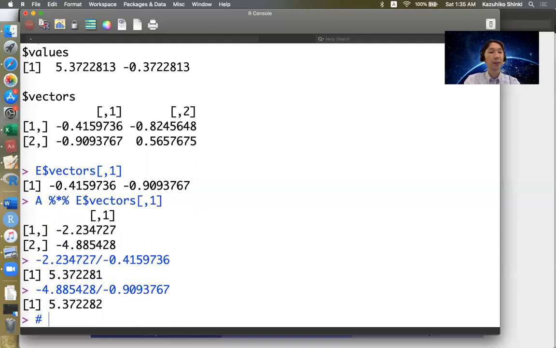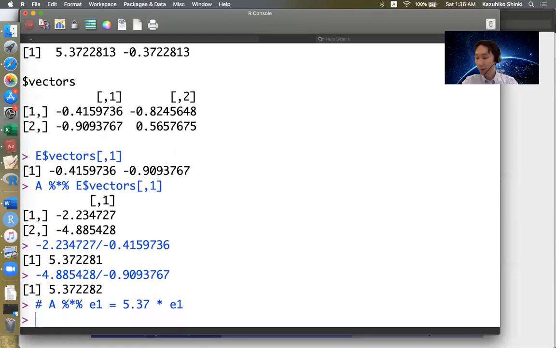Remember that A times the eigenvector, maybe E1, becomes 5.37 times E1. This is the property of eigenvectors.